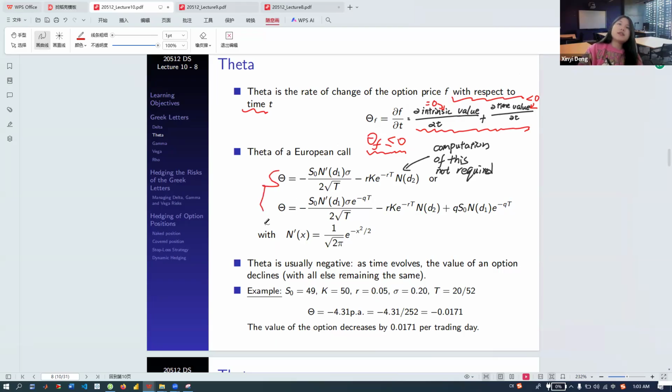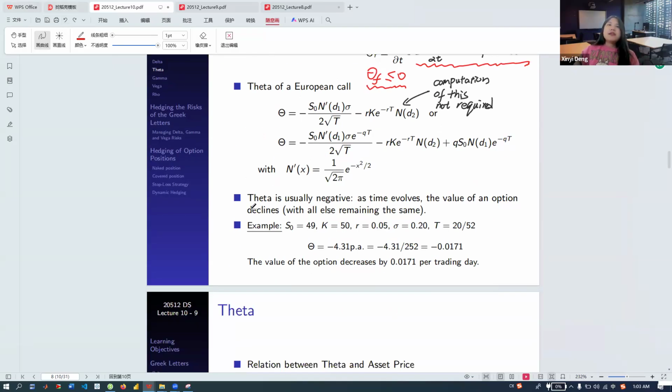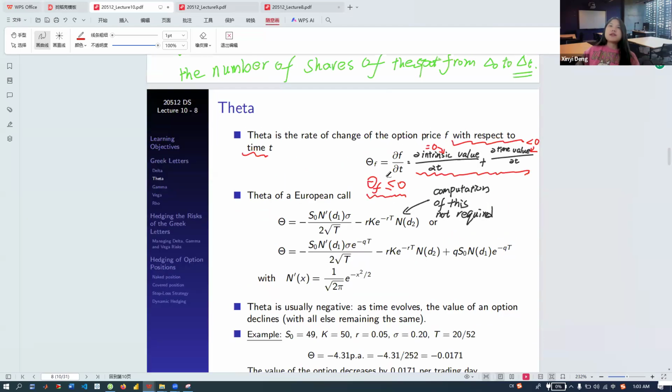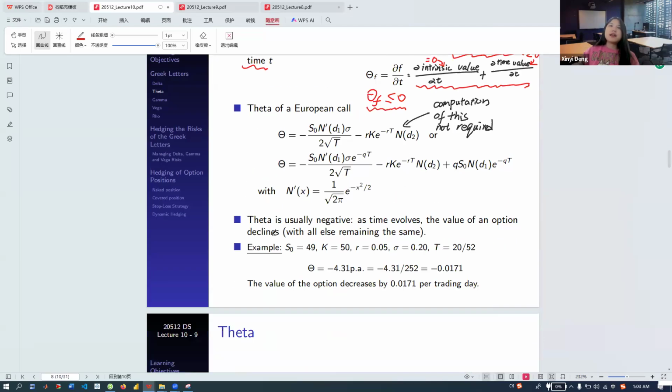Also, I know this is a mess here, the computation of this is not required, so don't worry about that. So that's the setup of a European call. And this bullet point is just saying what we just discussed, the theta is usually negative, because as time evolves, the time value actually drops.